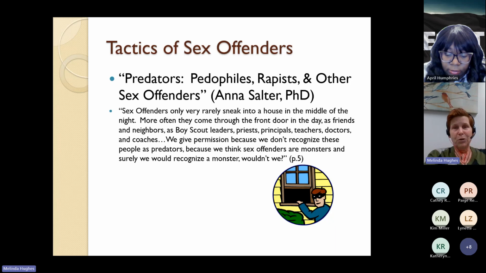And she has this quote here of, we keep focusing on this idea that sex offenders look like sex offenders and act a certain way, and we miss, as a society collectively and our systems in particular, are very tricked by the people who have a good double life, who have a good persona of respectability, right?